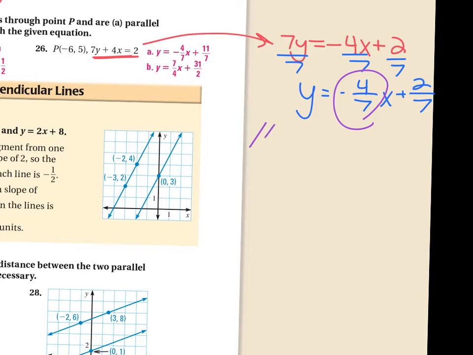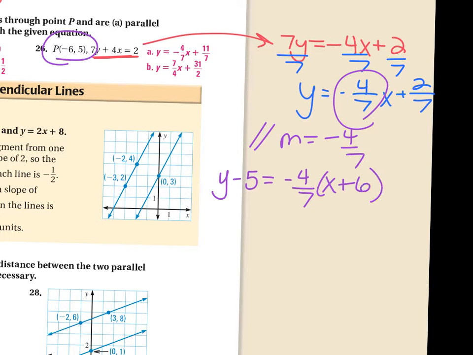The slope of a line parallel to it would be the same. So I use this point, y minus y1 equals m times x minus x1, which would be minus a negative 6 or plus 6. Y minus 5 would equal negative 4/7 x minus 24/7, and then add the 5.